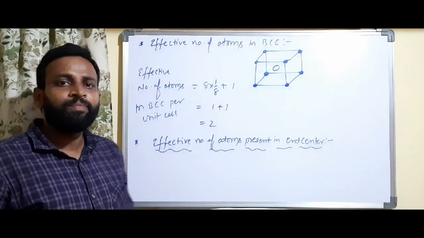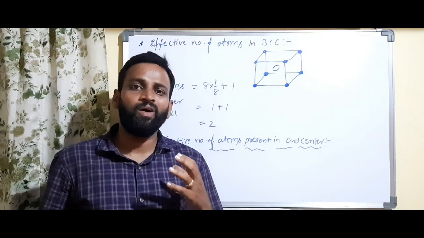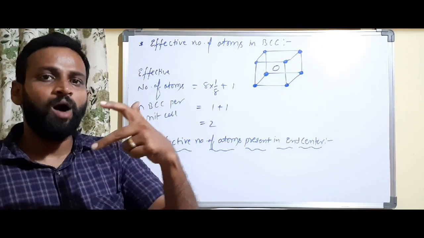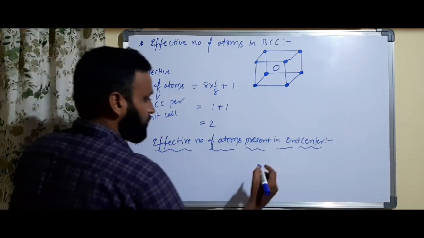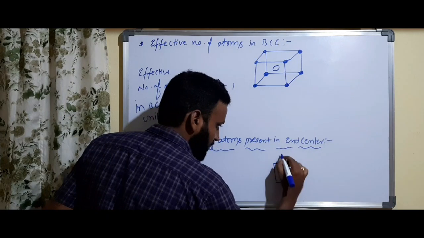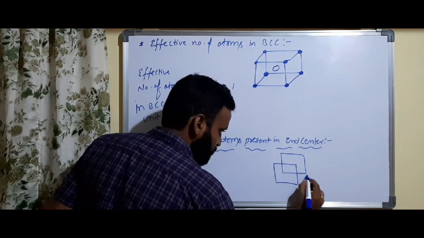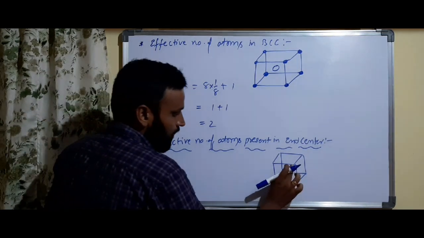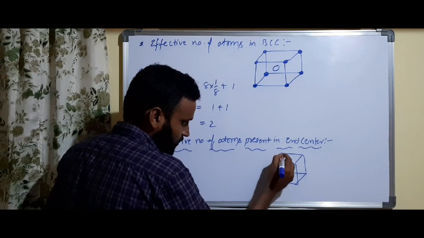Where are atoms present? In end center, atoms or ions are present at all corners as well as two opposite face centers. So you are having atoms like this. This is 1 and 2, like this. So you are having atoms at all corners.